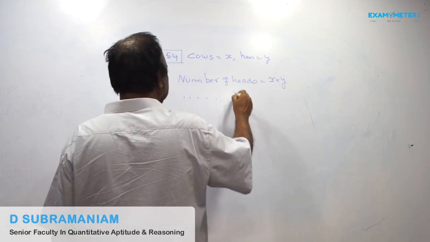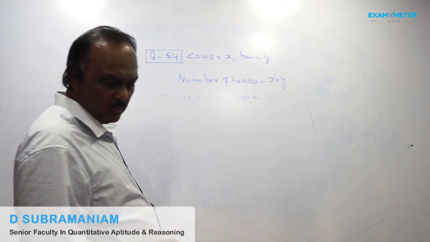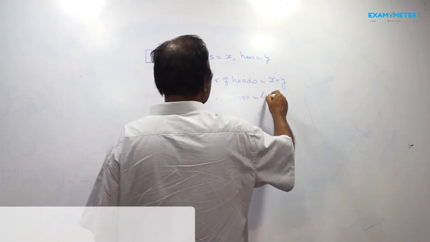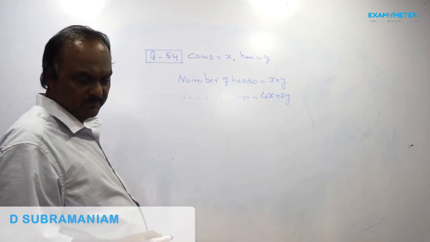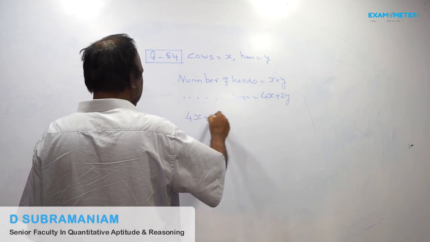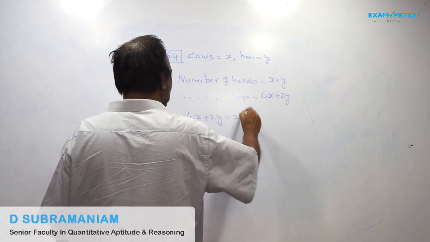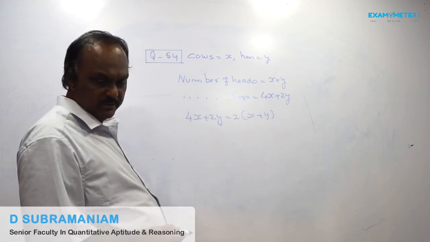Number of legs is equal to 4x plus 2y. So 4x plus 2y is equal to 2 into x plus y plus 14.